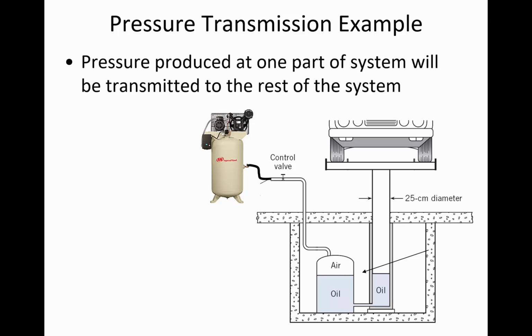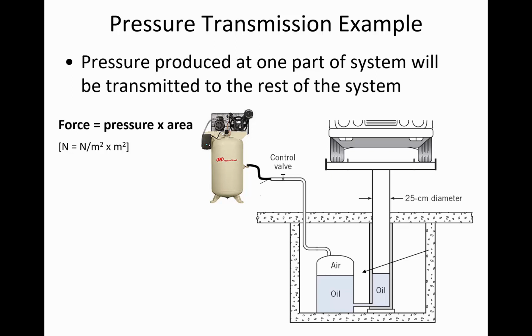So in this example, the pressure that's produced inside the compressor can be transmitted to this oil over here. Pressure transmission means that the work is being done in the compressor, but the place that effect is being exerted is the oil pushing up on the steel cylinder that lifts the vehicle. And so remember that force can be calculated by multiplying a pressure by an area over which it acts.